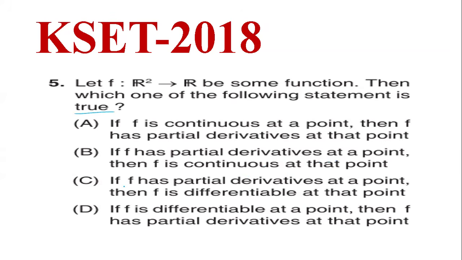Third option: if f has partial derivatives at a point, then f is differentiable at that point. Fourth: if f is differentiable at a point, then f has partial derivatives at that point.